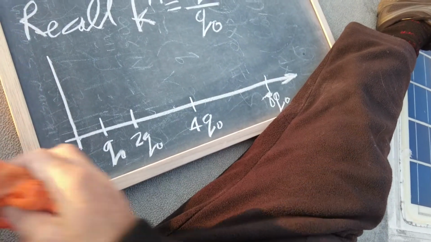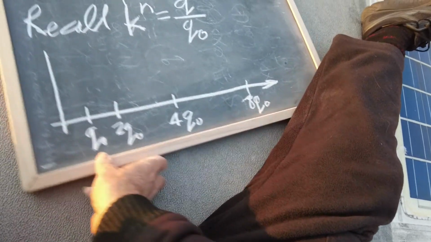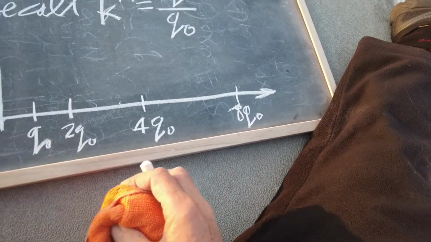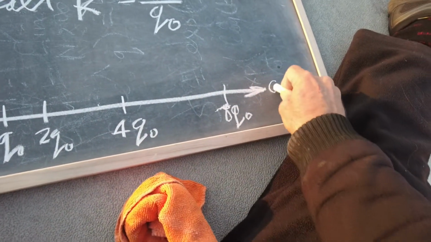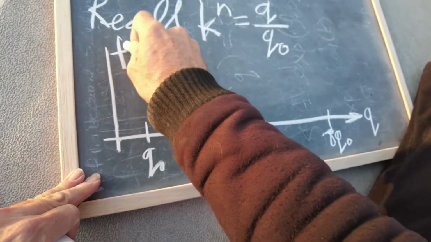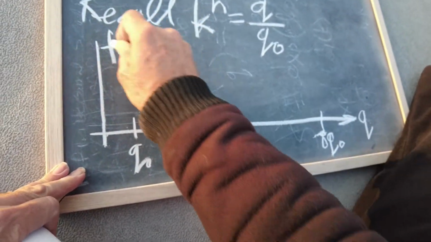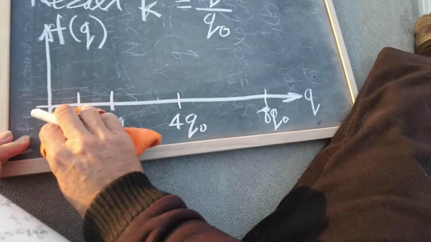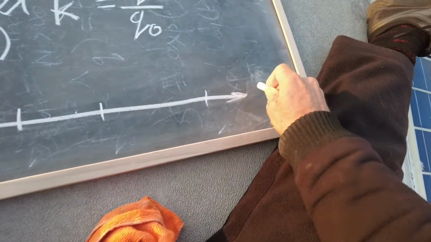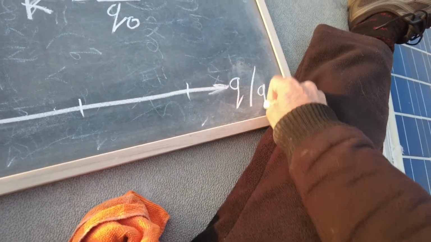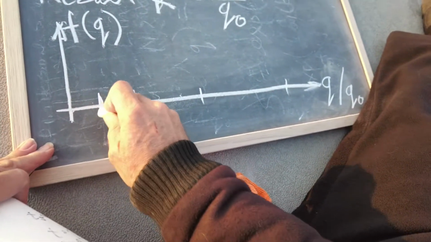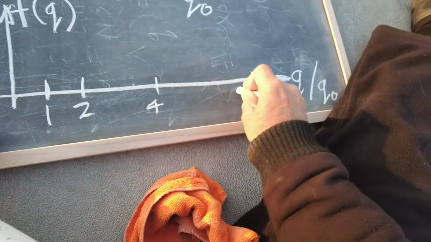And if we change this axis, this was q and this was f of q, remember we had that axis. Now the first thing to do is to change this to q over q0, and then these become 1, 2, 4, and 8.